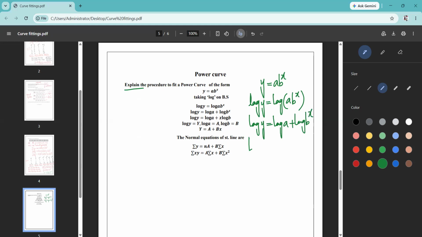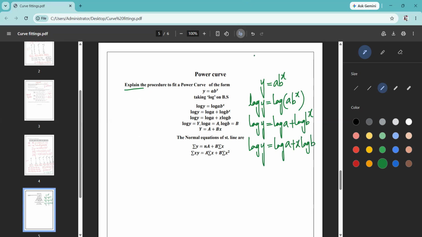So log y is equal to log a plus x log b. Log x to the power of n can be written as n log x.